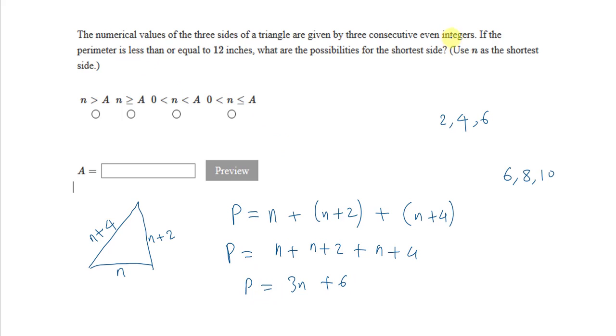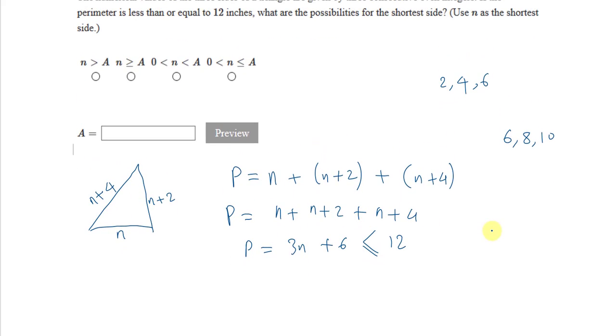Now you want the perimeter to be less than or equal to 12 inches. So 12 inches right here. Okay, so after that, you're going to solve for n. I'm going to subtract 6 on both sides because I want to isolate the n on the left side.